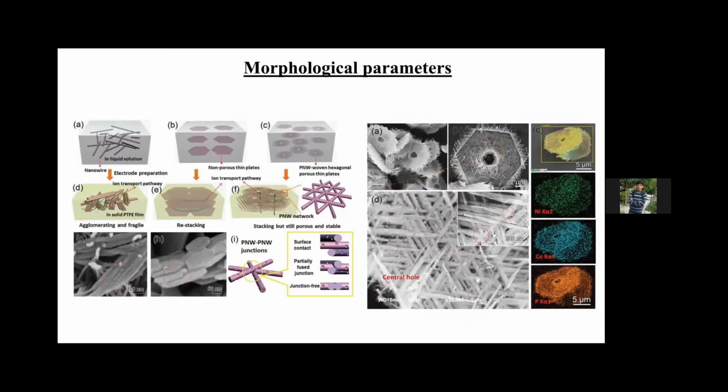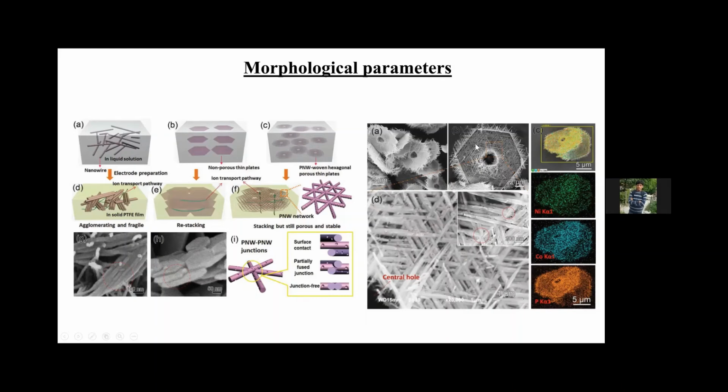And then the second one in hydrothermal, we will say, is the morphological parameter. Here we can see that in the hydrothermal process we can get the nanowire, and after that, under proper conditions, these nanowires agglomerate and make a hexagonal nanostructure, which is much improved compared to the nanowire.